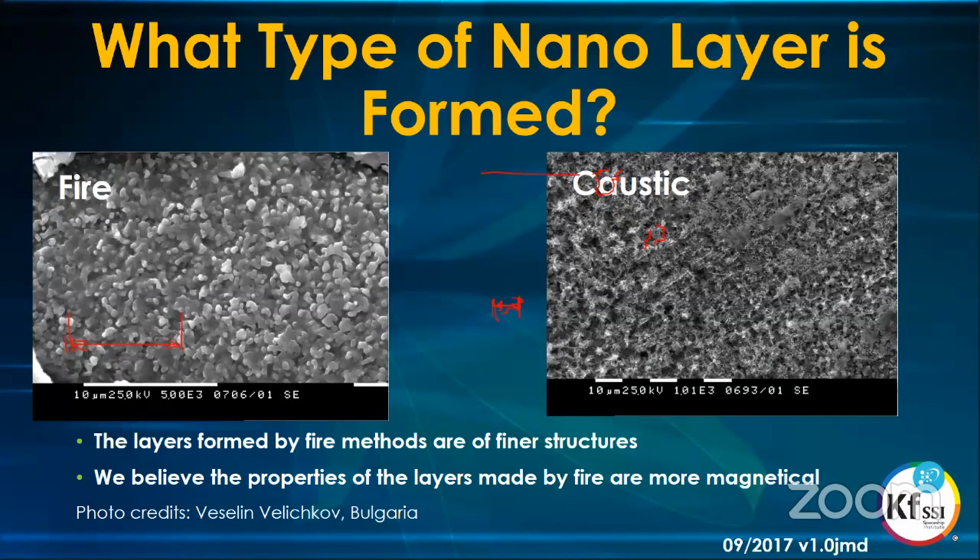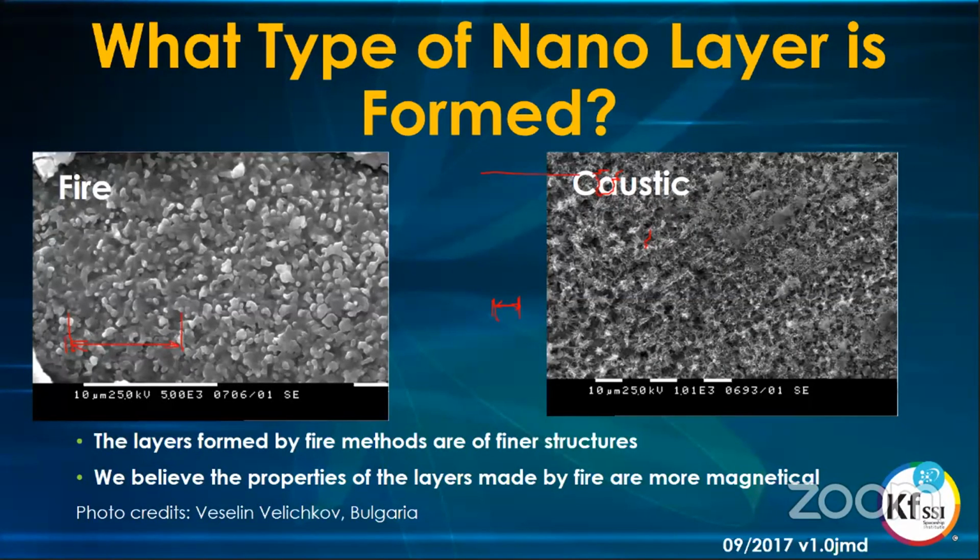So you have to understand, when you look at the scanning electron microscope, if you have the shiniest metal, which is polished, you will see it like mountains and valleys, so don't expect it will be very smooth. But these pictures show the difference in between. So fire nano-coating has a smaller grain and a finer structure.